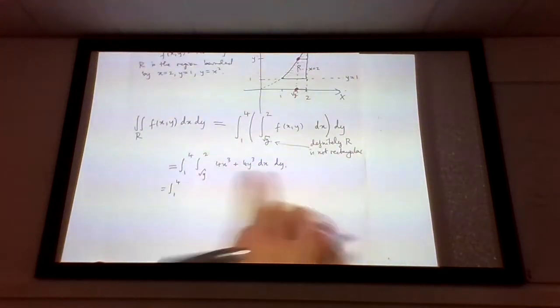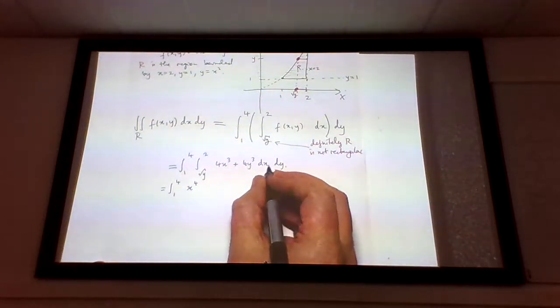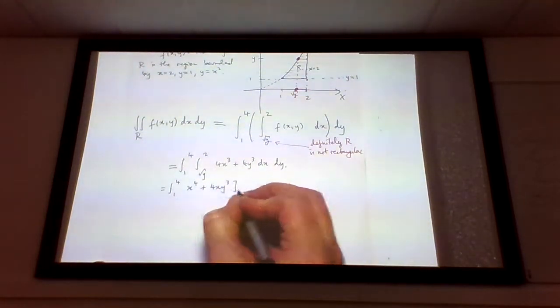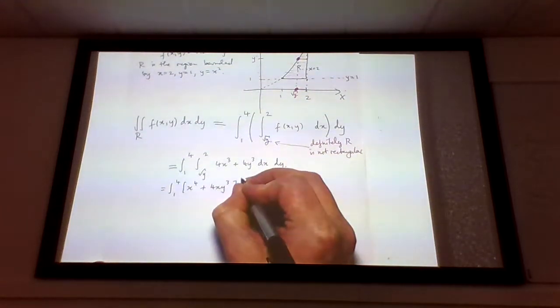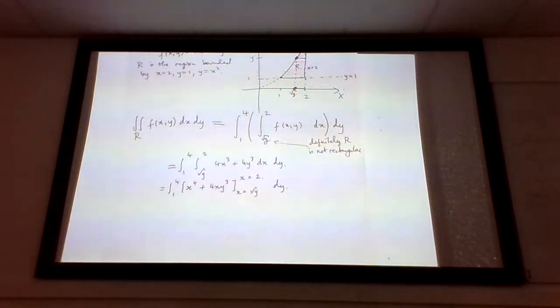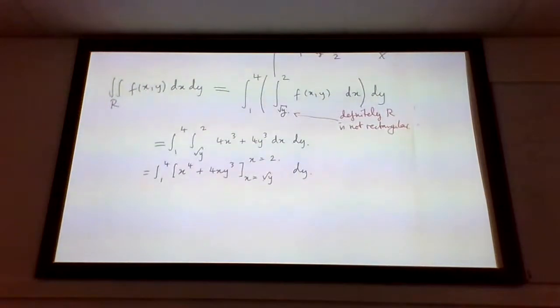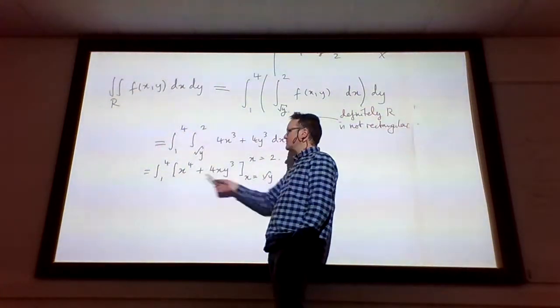Integrating with respect to x, we get x to the power 4 plus 4xy cubed, and we have these upper and lower limits for x, after the x integration, of x equals square root of y and x equals 2. I add in the x equals here to just remind myself that these are limits for the x variable.